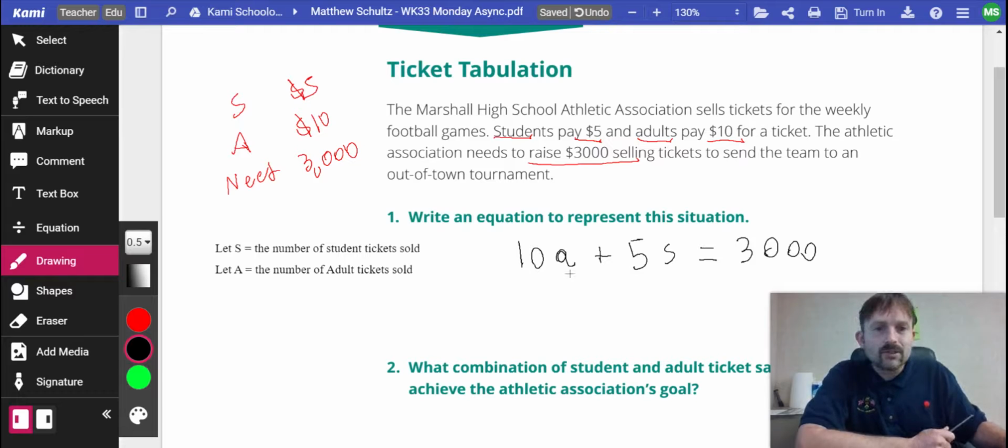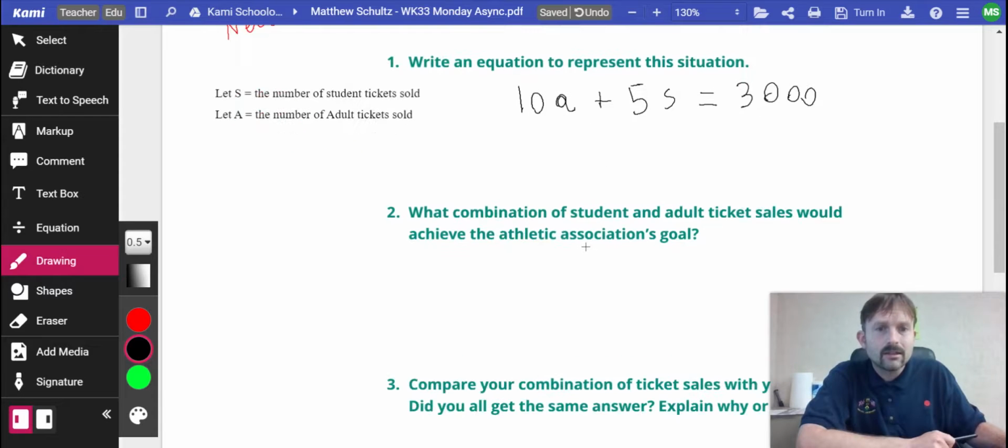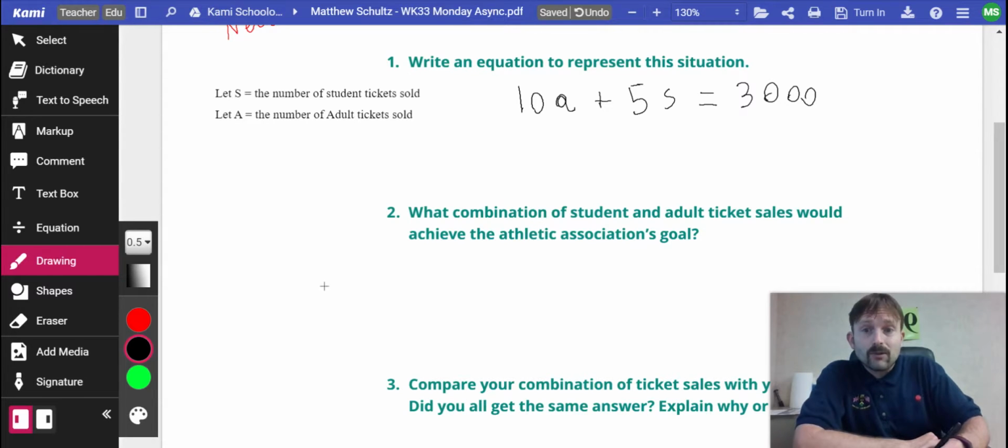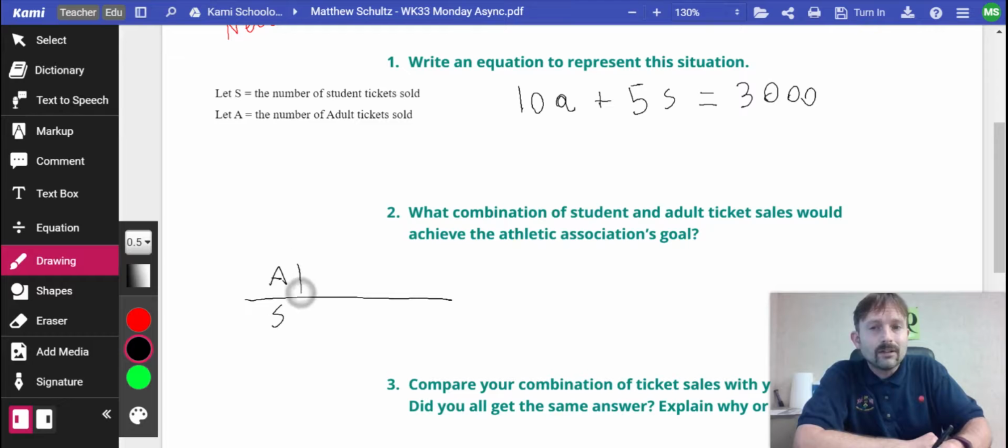What combination of student and adult ticket sales would achieve this association's goal? Well, there are so many different combinations. So why don't we have 3 choices and you come up with 2 additional ones?